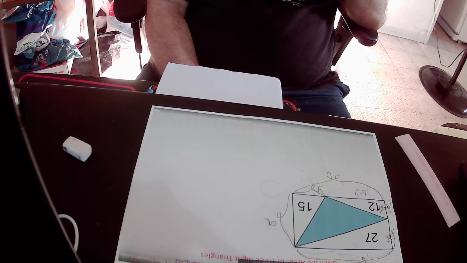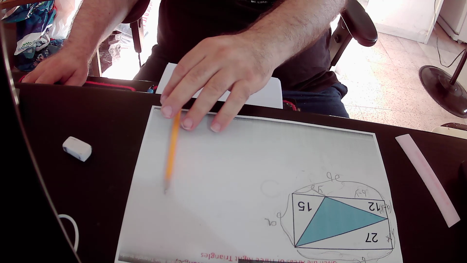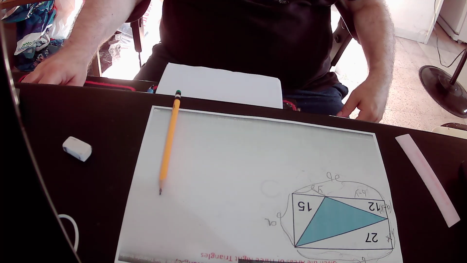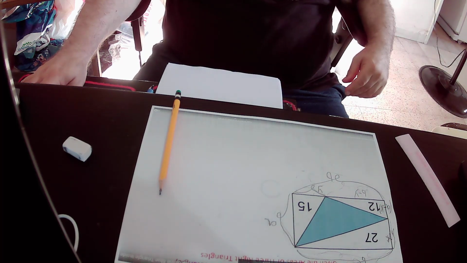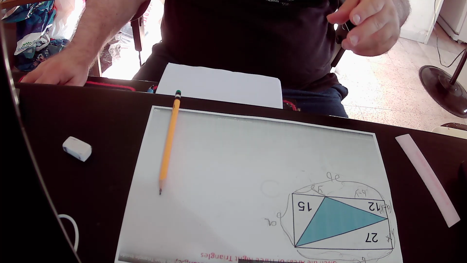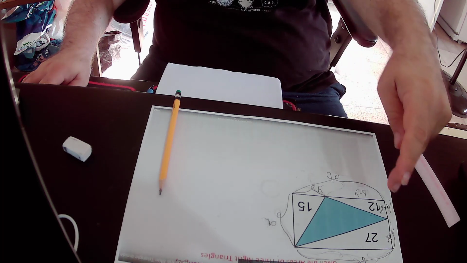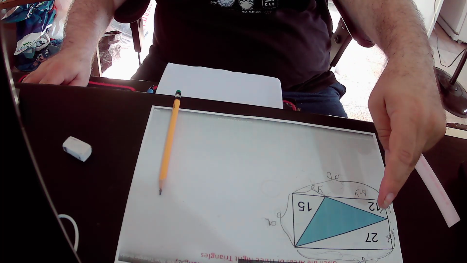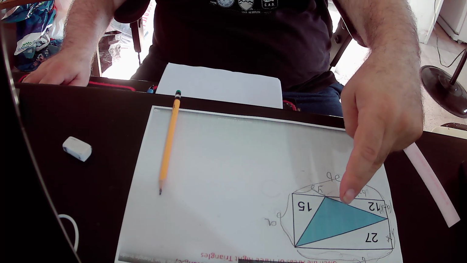In this way we can find the value of A times B, that is the area of this rectangle, and after we find it, we will subtract from that area the sum of the areas of those three right triangles, and in this way we will get the area of the blue triangle.